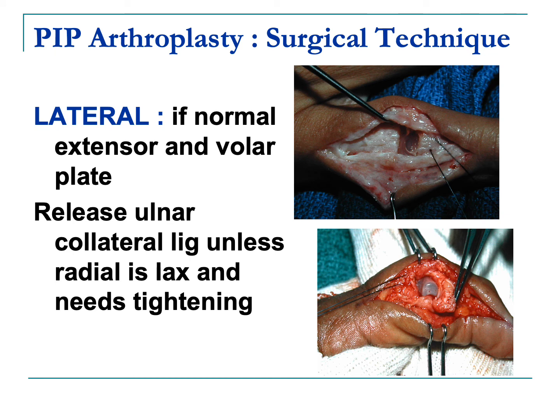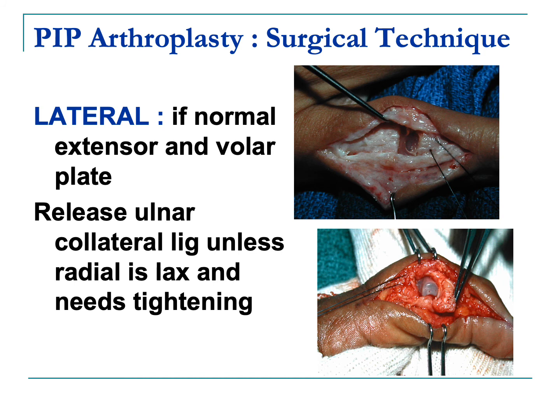A collateral ligament is reflected, leaving it attached to the base of the proximal phalanx. The condyle of the proximal phalanx can then be removed. The joint can be shotgunned, reamed, and the implant inserted. Then the collateral ligament can be reattached.